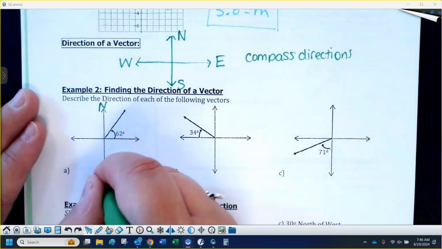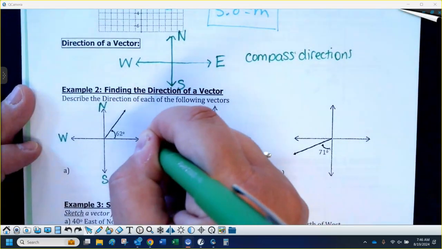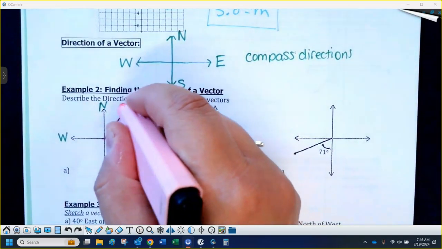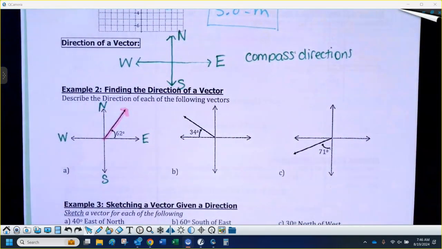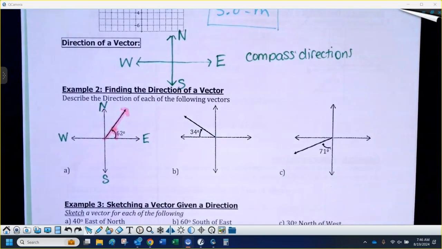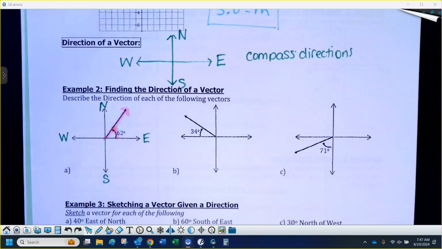I'm going to label a little compass on this first example. You can see here's my vector, and the angle is coming from the x-axis and going up. Now this is a little bit weird how you would describe this. You start from either the x-axis or the y-axis, wherever the vector's at.